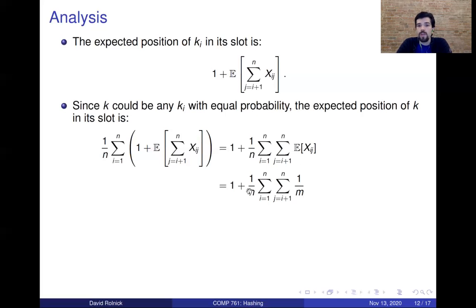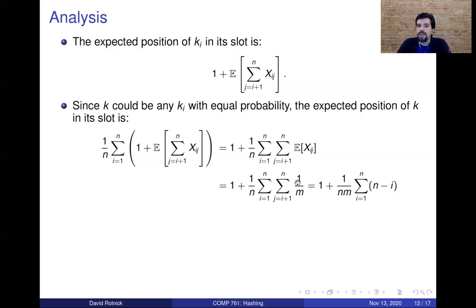OK, so then we have this. What can we do with this? Well, we can rearrange it a bit. There's nothing in here that's changing the m, so pull out the m: 1 over nm. And then this inner summation is just n minus i.